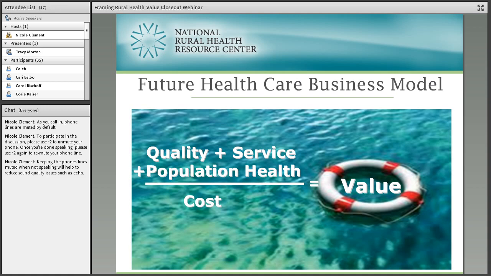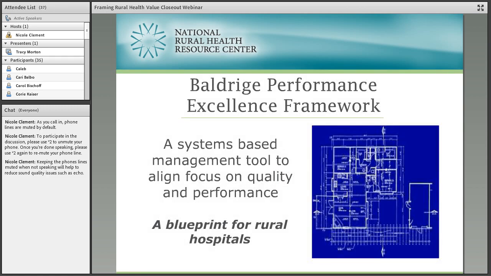And we're moving from this system of high cost and low quality and high chronic disease rates into a future business model that's really centered on the patient, where the value of the system is determined by a new formula that's quality plus service and population health, all divided by the cost, equating to patient value. And this is what we've been incorporating into our discussion throughout the webinar series.